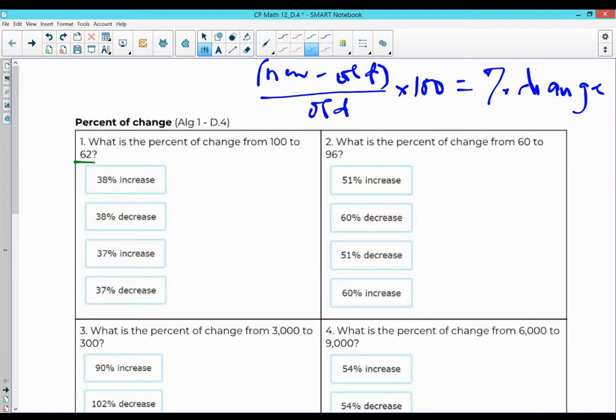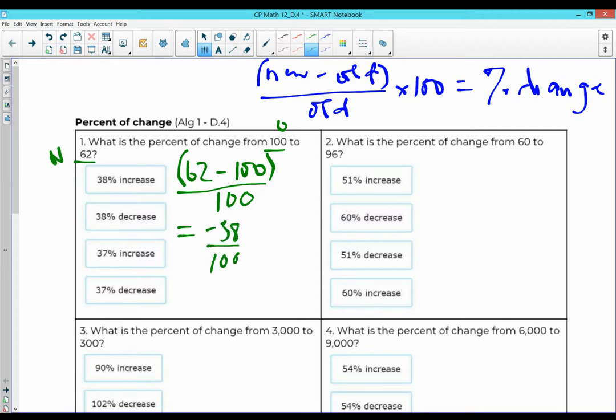New, 62, minus the old, which is 100, divided by the old, 100. So I want to do that top part first. That gives me negative 38 divided by 100. That would be negative 38%.